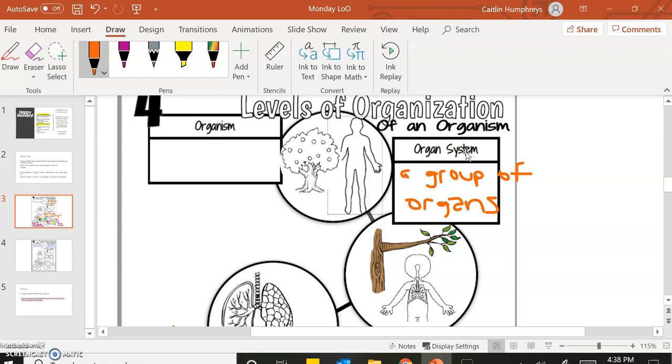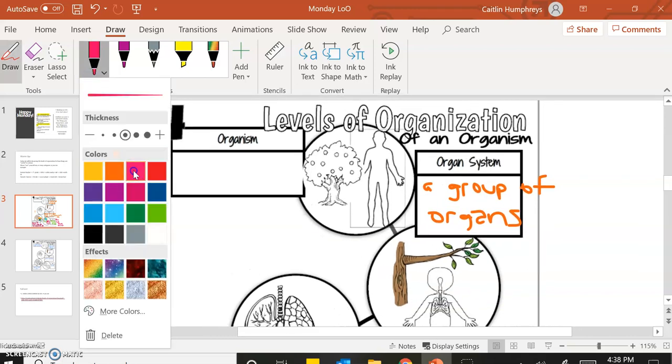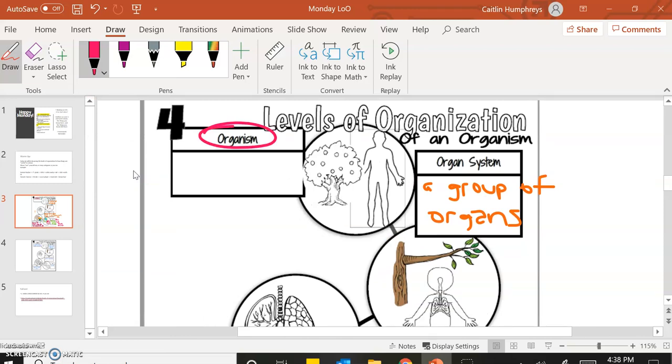Now, lastly, as a human, you have a respiratory system, a digestive system, a skeletal system, a muscular system, a nervous system. You have like 11 or 12 systems. And all of those systems come together to create an organism. Now, an organism is a living thing. But when I say living thing, I mean a whole living thing, as in a tree, a person.